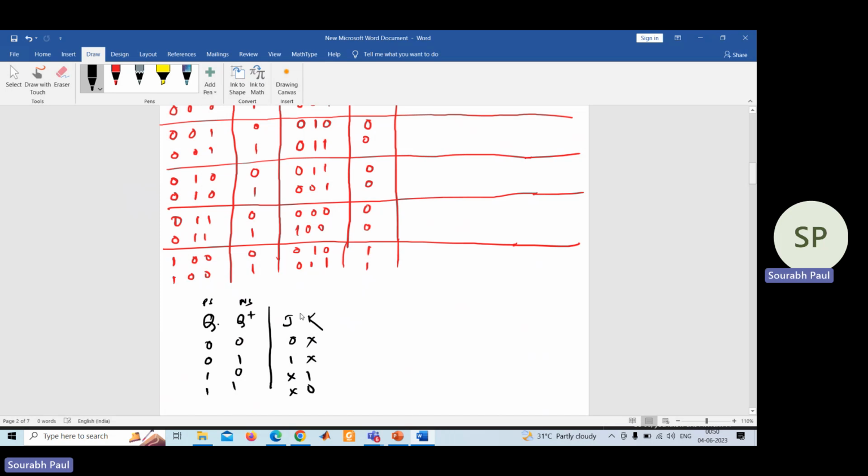This should be the value of J and K, according to the excitation table of the JK flip-flop.